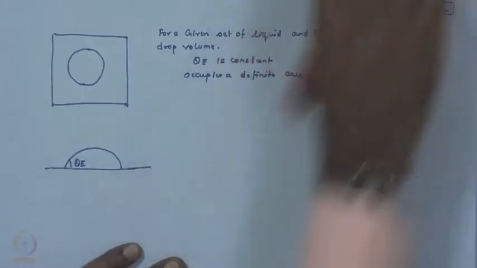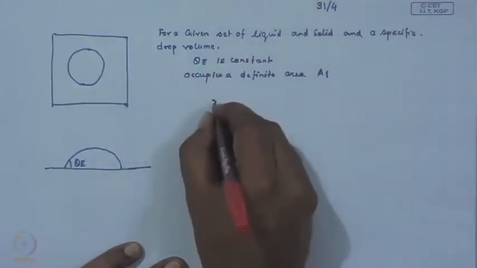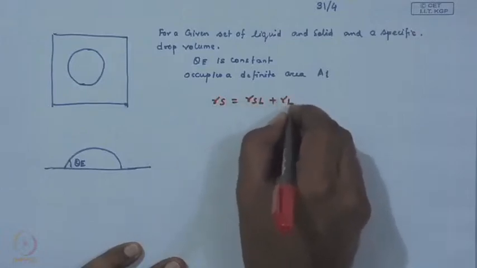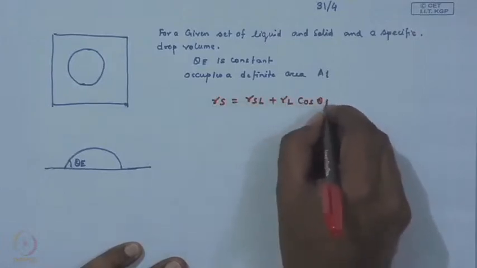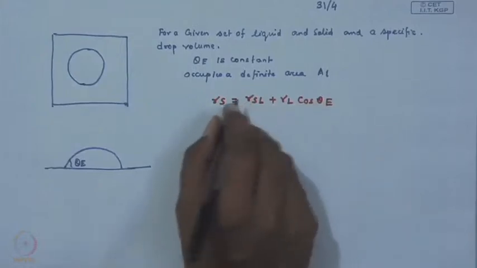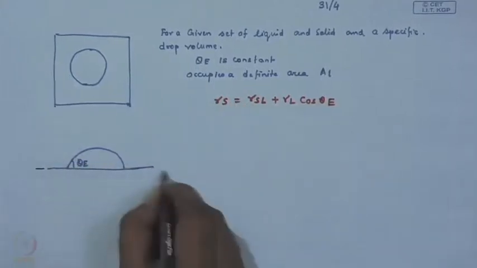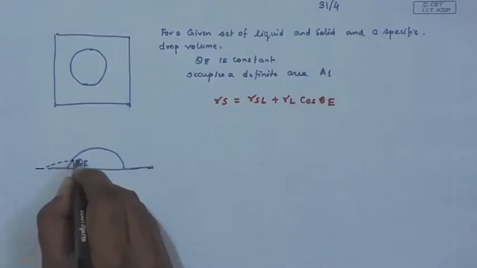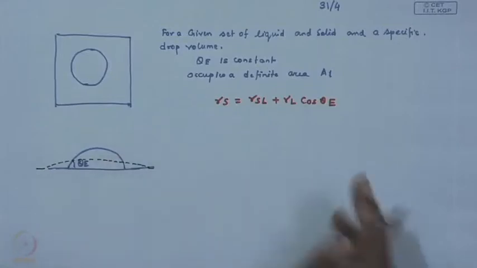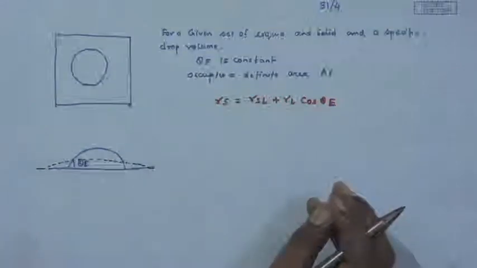So, let us see how the phenomenon occurs. You have this drop which is making this equilibrium contact angle, and by way of spreading you have actually made it like this. I am assuming that you have perturbed it in a fashion so that it still retains its symmetry.